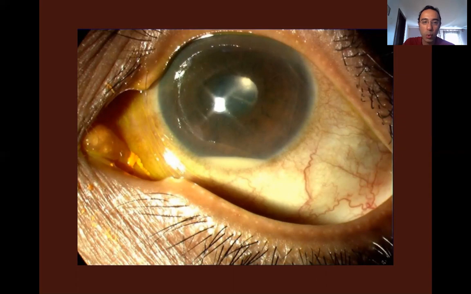When you ask this patient what happened, he or she is going to tell you that they had an intraocular surgery 2 days prior to this symptom, which means that this patient has endophthalmitis, the infection of the intraocular tissues.